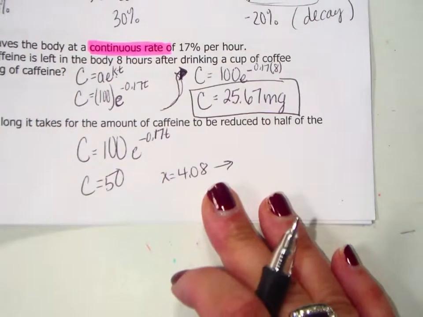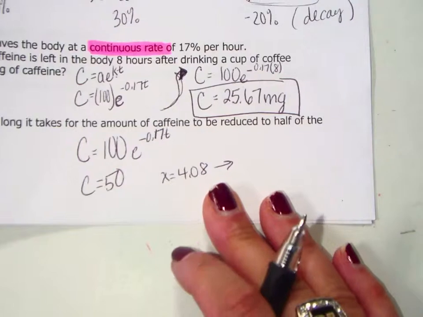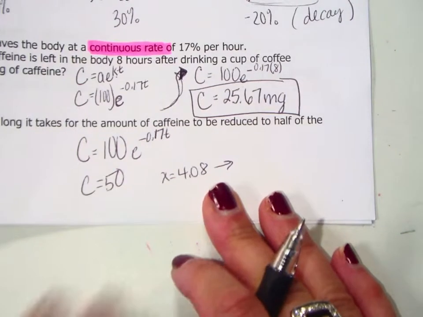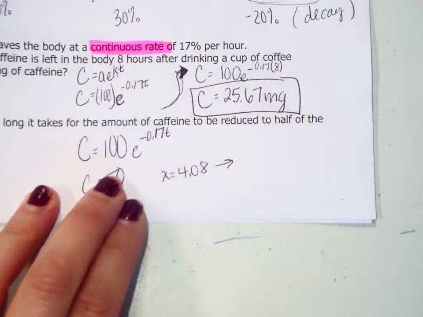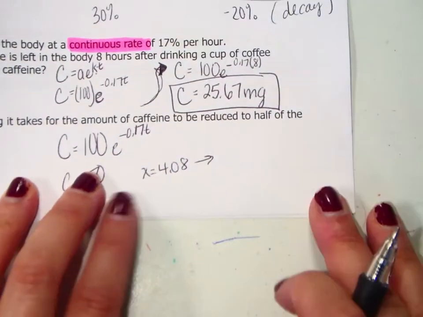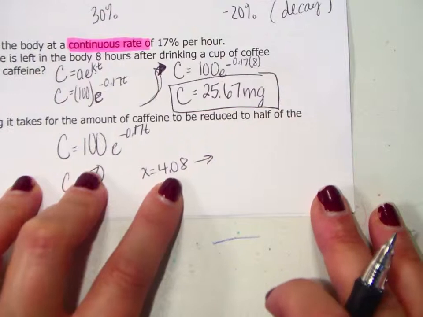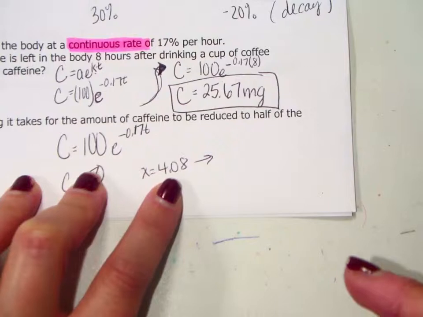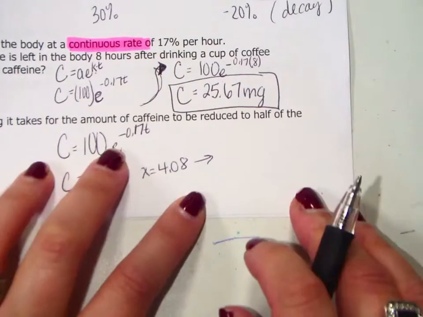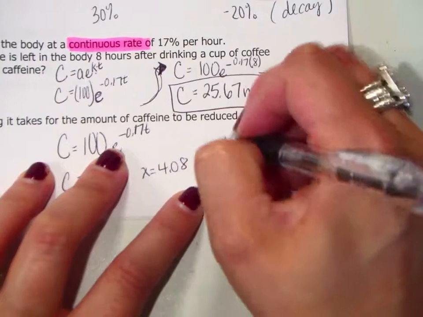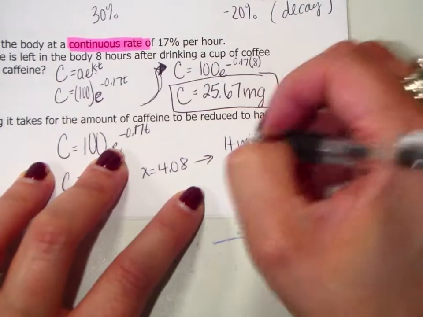Gabby, what you started with was fine. I just want a complete sentence that explains what this number means. Yeah, you had it started okay. I just want a complete sentence to explain. 4.08 hours for the amount of caffeine to reduce to half.